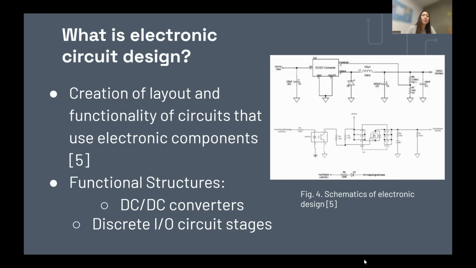So these designs not only ensure circuits are reliable and efficient, but also allow different parts of a system to communicate safely, making them essential for powering and protecting modern technology. So Figure 4 here shows an electrical circuit diagram, and it's basically a design for an electrical system that can be used in modern electronics.